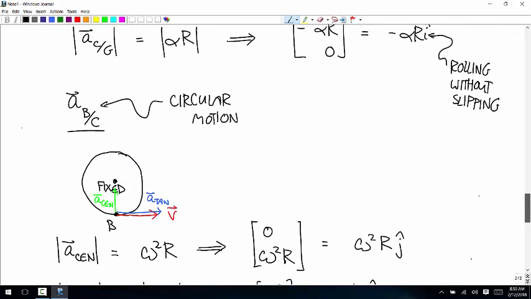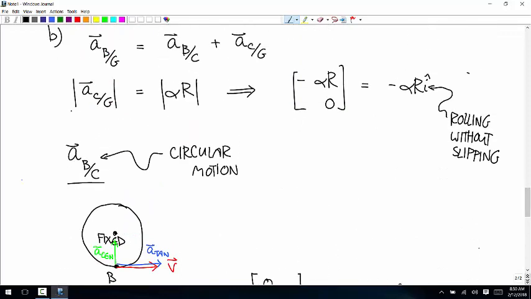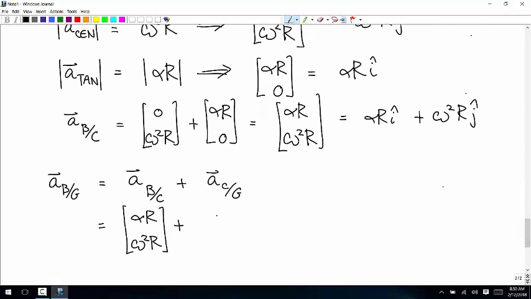Center relative to the ground is negative alpha r, 0. And so you end up with 0, omega squared r for the total acceleration of the bottom relative to the ground.